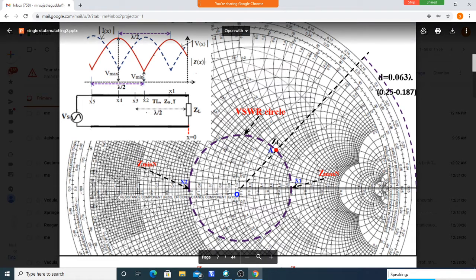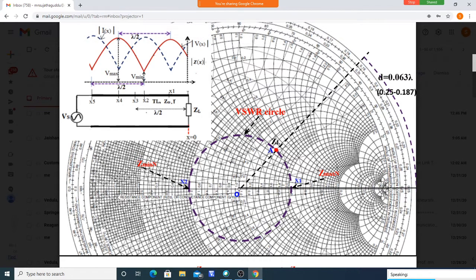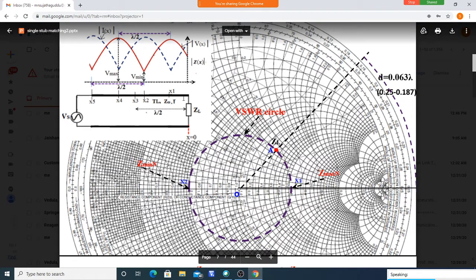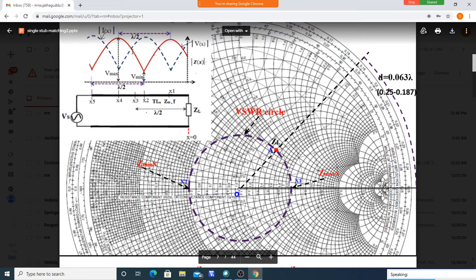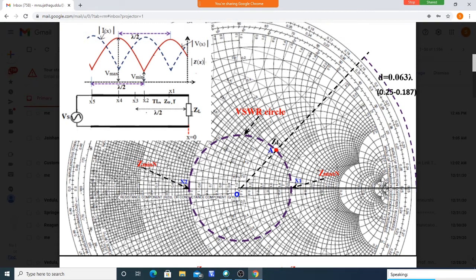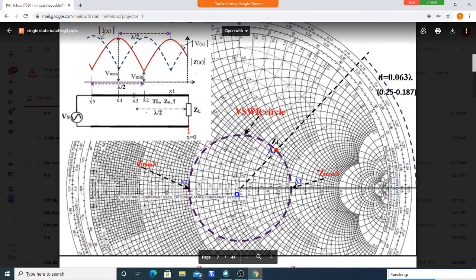This is nothing but moving a distance of lambda by 2, from x equals 0 to x3. The distance from here to here is lambda by 2. So the same load ZL repeats at x3.